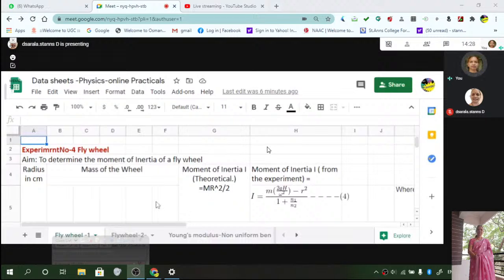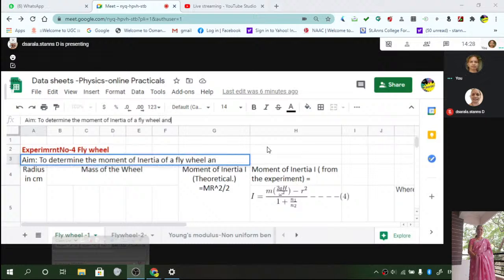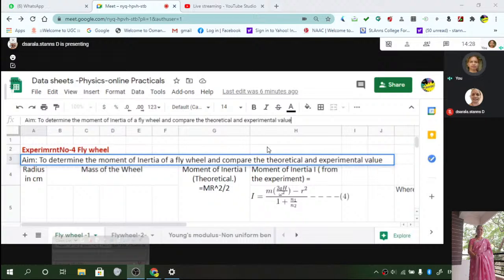This is to determine the moment of inertia of a flywheel, and compare the theoretical and experimental values. This is the aim of the experiment.